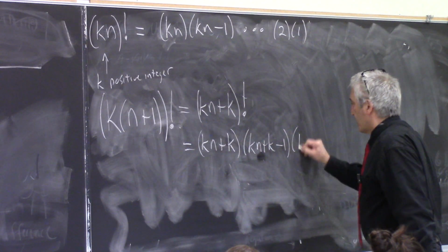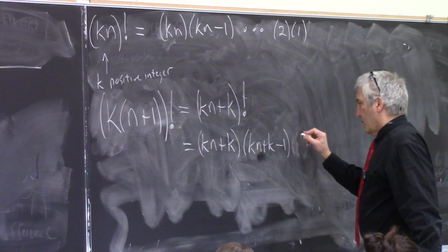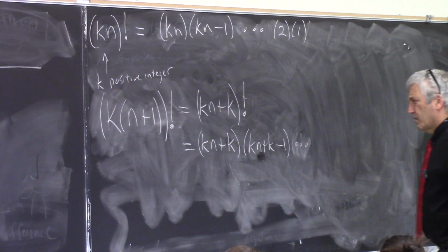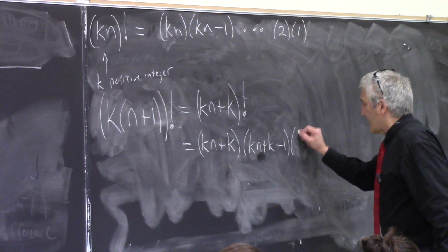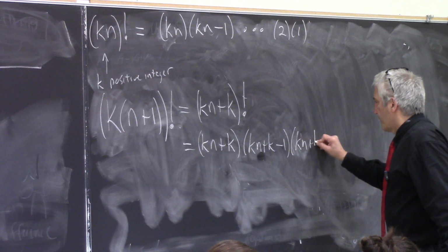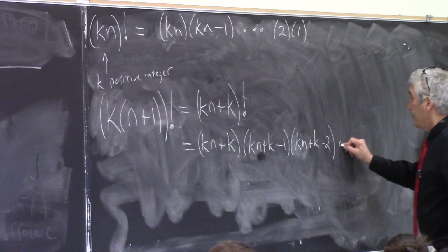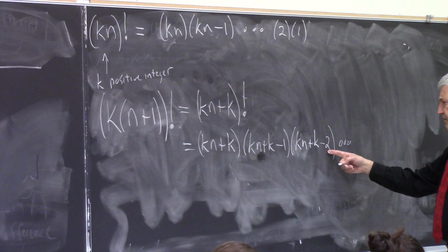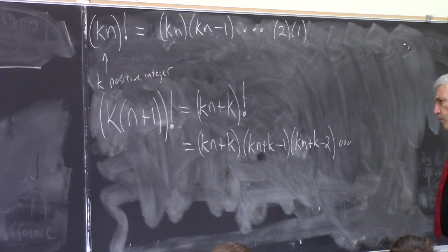We're going to have the next term, and then we're going to go all the way down. Keep going. And at some point, I'm going to do another term. This is going to be kn plus k minus 2. And at some point, this number is going to grow so big that it's going to be almost as big as k.